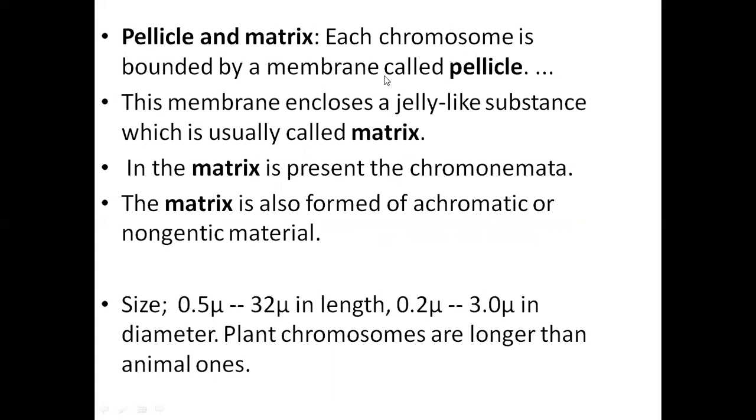Each chromosome is bounded by a membrane called the pellicle, and this membrane encloses a jelly-like substance which is usually called the matrix. In the matrix, the chromonemata is present. The matrix is also formed from achromatic or non-genetic material.